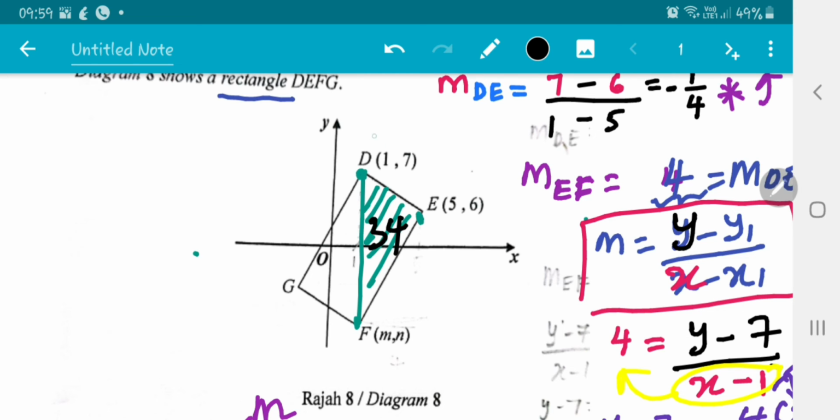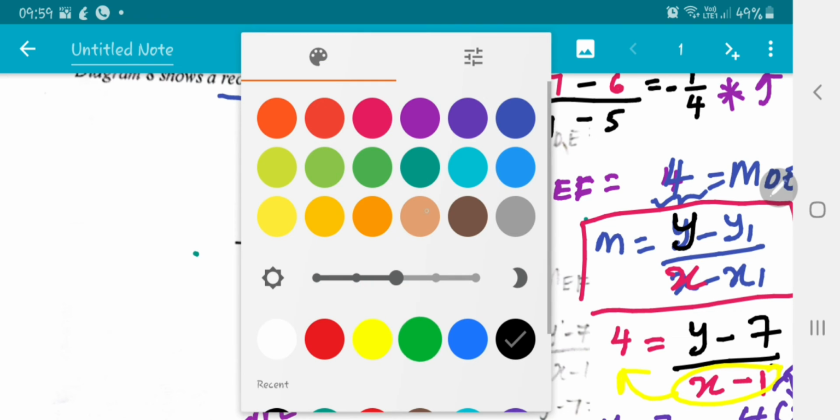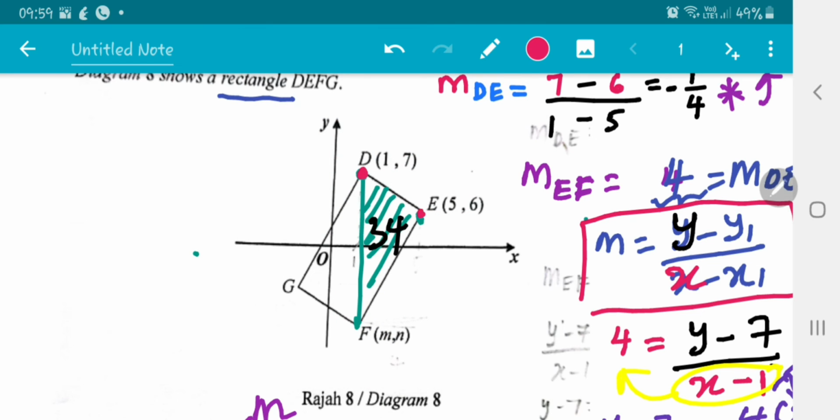Kita start dengan point D, followed by point E and then by point F. Maknanya ini adalah clockwise, ikut arah jam.